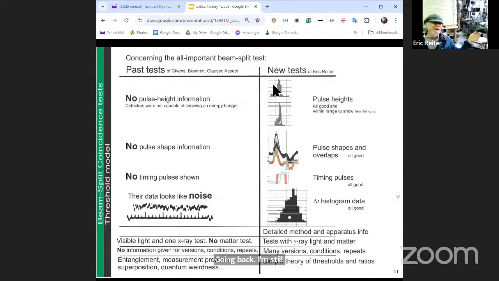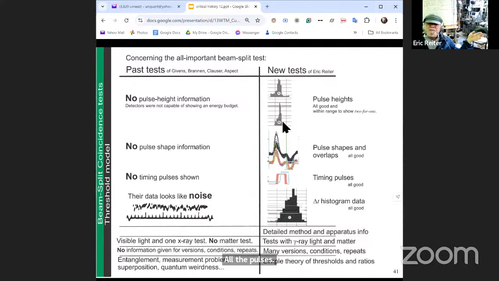So going back, I'm talking about myself. I've been unashamedly inserting myself into the history of physics. Please bear with me. The other people don't have pulse height resolution. They don't show what their pulse heights look like. I show everything. All the pulses are well behaved.